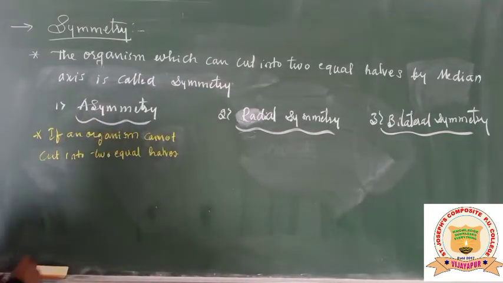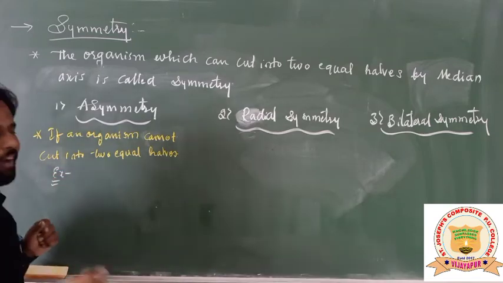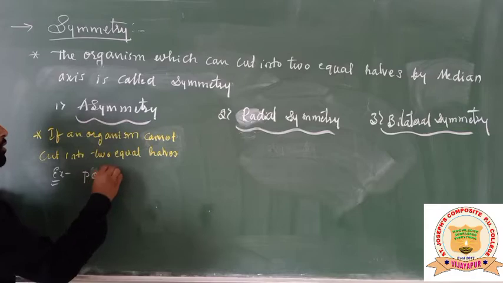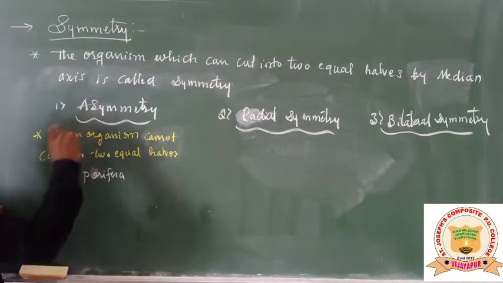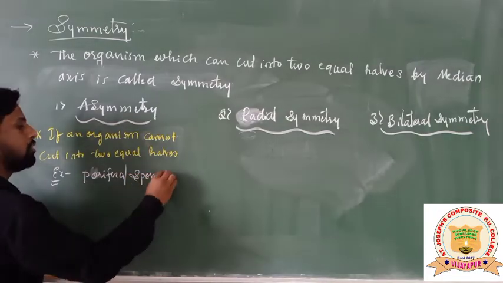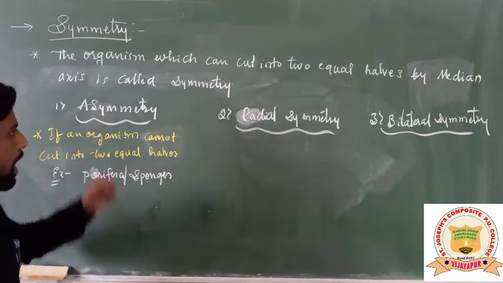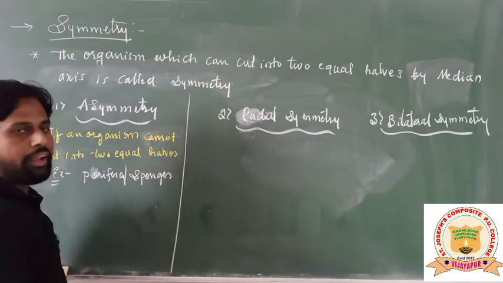Such organisms are considered asymmetry. The best example is Phylum Porifera. Porifera group of animals are considered asymmetry. Porifera are also called sponges. Sponges are considered asymmetry. They are not symmetrical in nature.